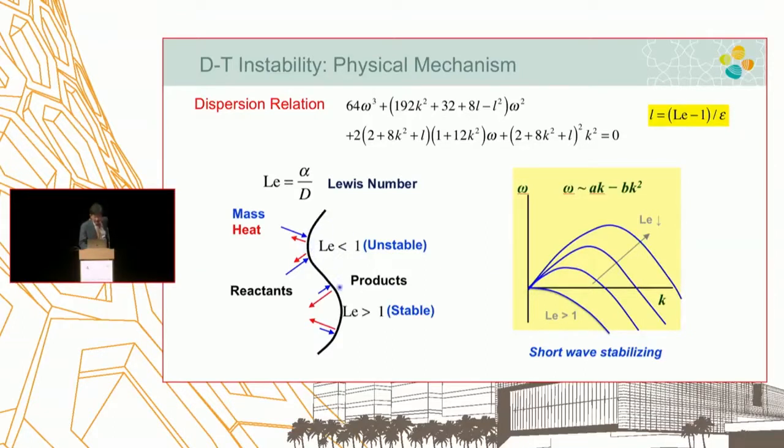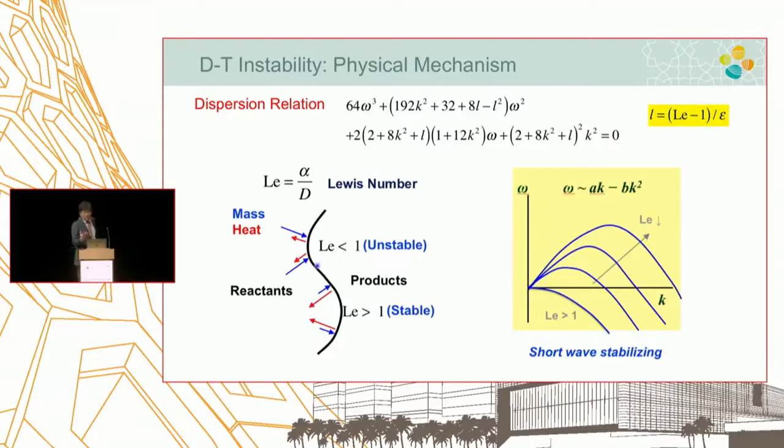When you kink the flame front, the Lewis number is a ratio between mass and heat. On top, alpha is the thermal diffusivity, and D is the mass diffusivity. The ratio determines which one is more dominant. When you have a convex flame front moving that way, heat is defocusing, and mass, the fuel coming into the flame, is focusing.